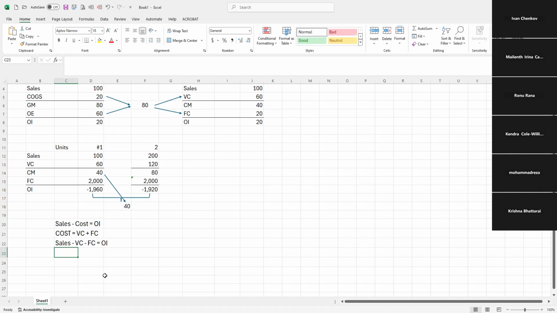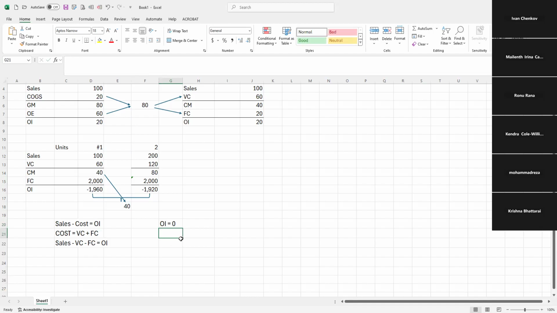So now, the first crucial point of the company is to bring that operating income to zero. What that means is to cover all the costs. Means that sales are equal to the cost, and in that case my operating income is going to be equal to zero. That's the first crucial point. Now, how can we do that?